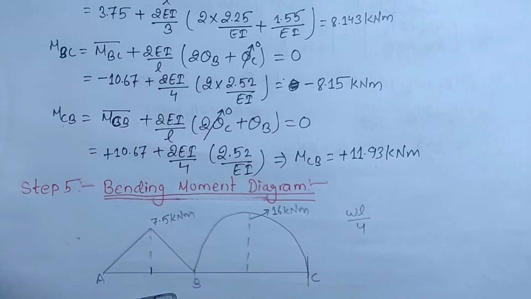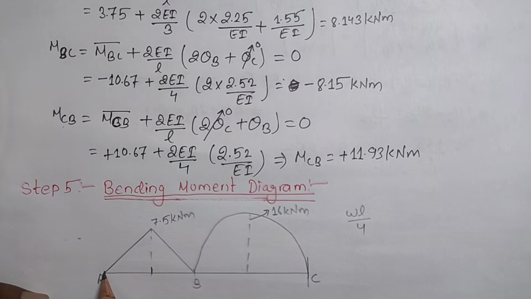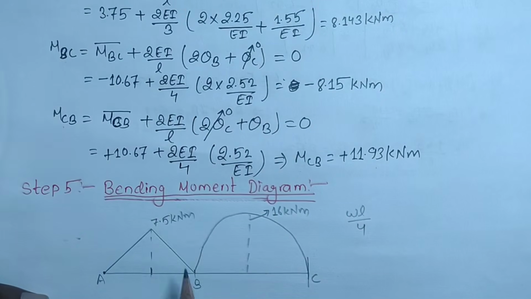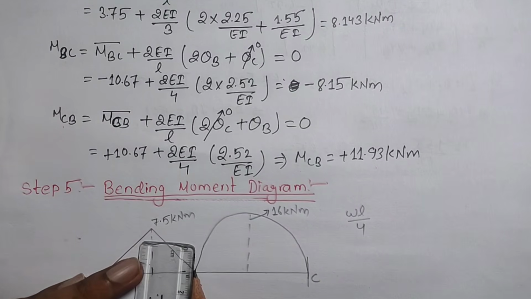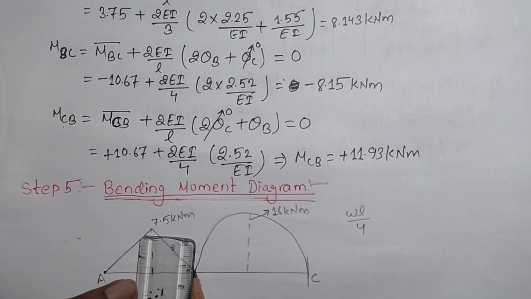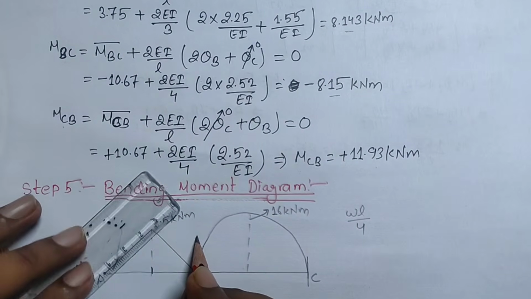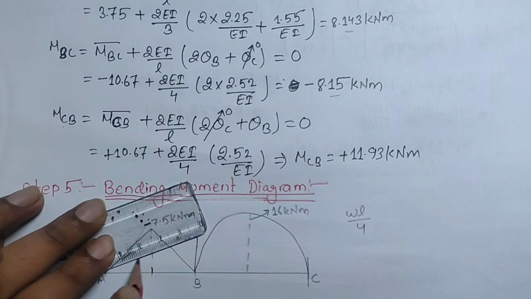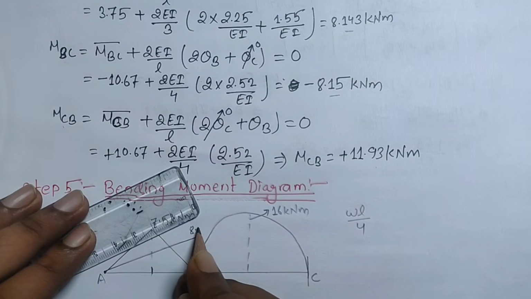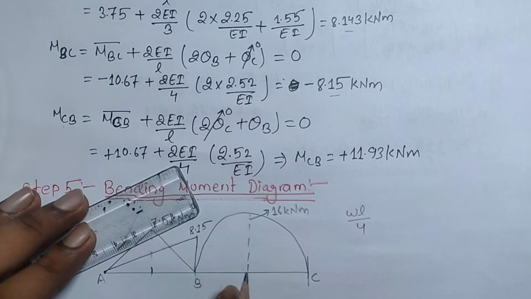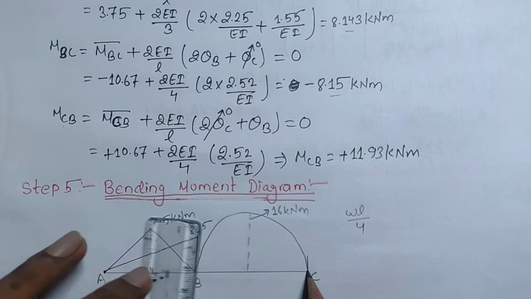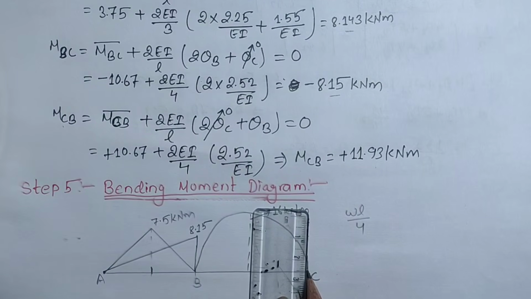Now guys, put down the final moments. Here the moment MAB equals 0, and MBA equals 1.43, and this is 1.5. This is 1.5 and this is 1.43, meaning they are nearly equal. It does not matter because the value is actually the same, and the moment at the fixed support is 11.93, a little bit bigger than this value.